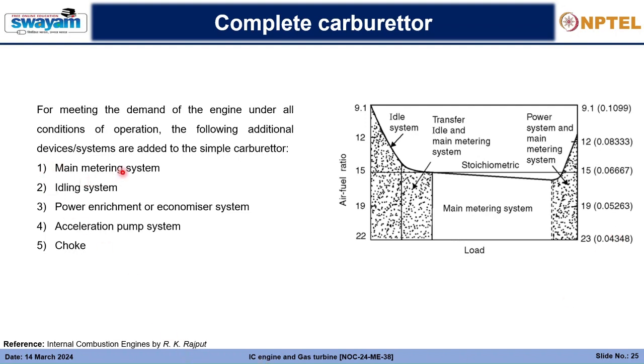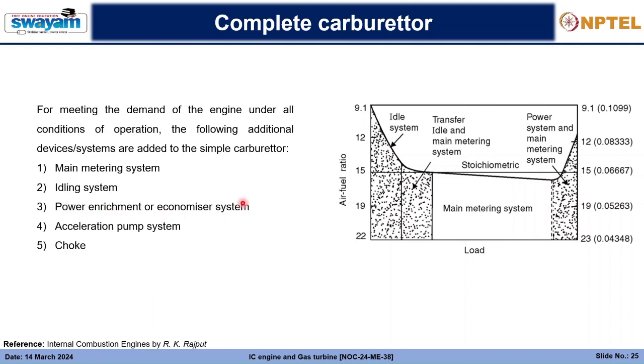The first is the main metering system. In order to operate for a load of 25% to 75%, the main metering system is used. So this is where the range of operation is happening. Then the idling system is used when the car is operating at a very low speed, or when it is stopped.